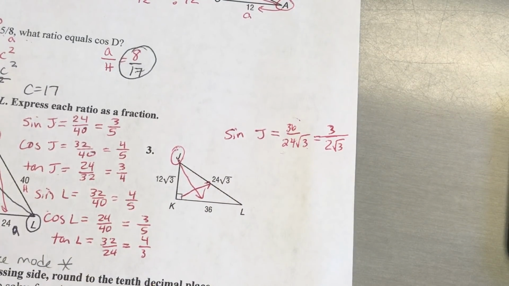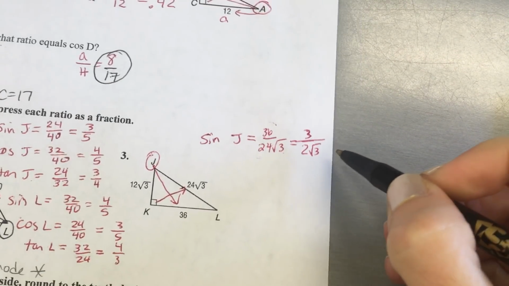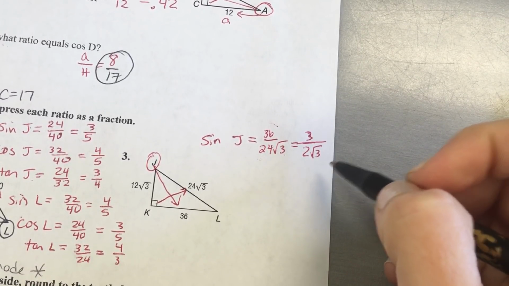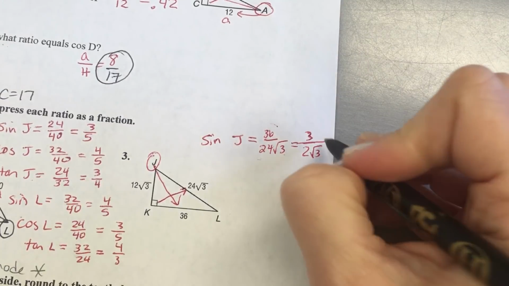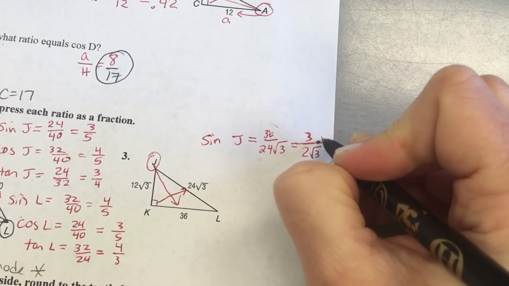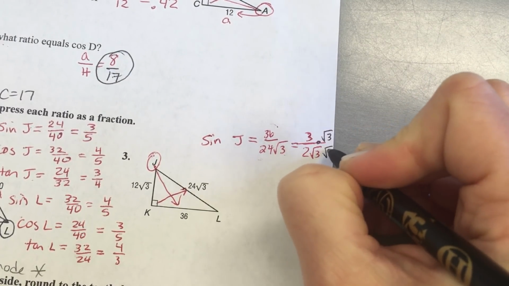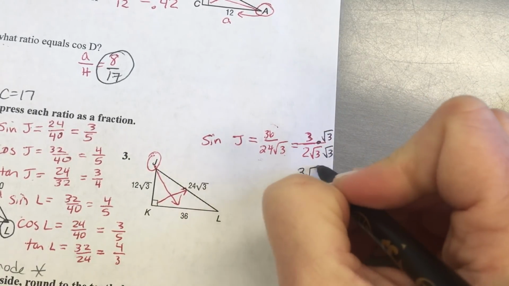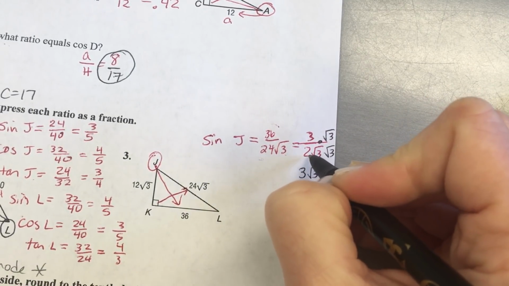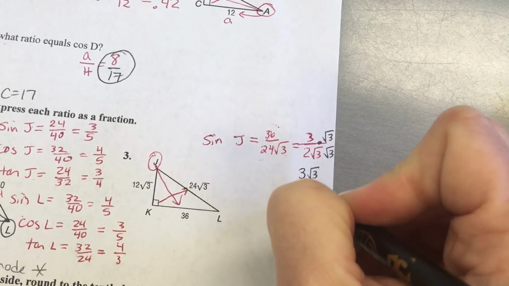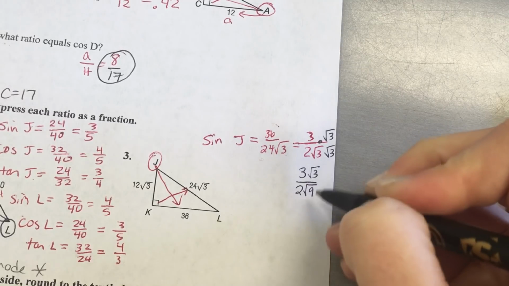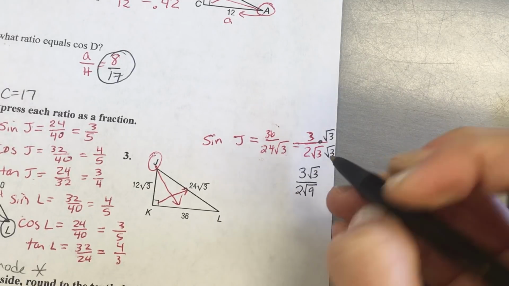In math, you're technically not allowed to have square roots on the bottom. That's not going to be something we're going to really harp on or spend a lot of time on. But technically, in mathematics, you're supposed to multiply top and bottom by root 3. And so you get 3 root 3. And then you get 2 square root of 9, because 3 times 3 is 9. Well, the square root of 9, that's perfect. Square root of 9 is 3.